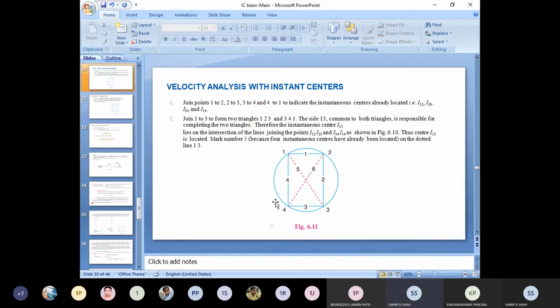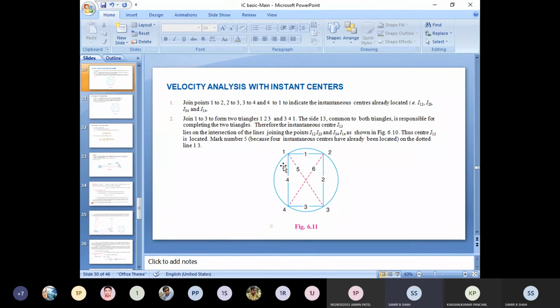Join 1, 3 to form 2 triangles. Where I join 1, 2, 3, I get 2 triangles of that square: 1, 2, 3 and 3, 4, 1. The side 1, 3 is common to both triangles, which is responsible for completing the 2 triangles.